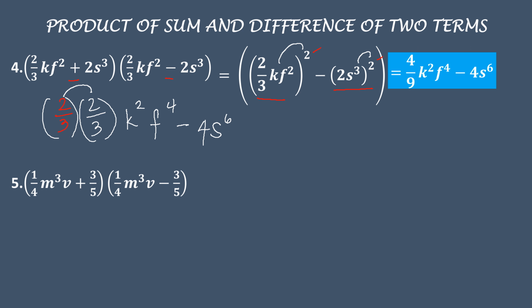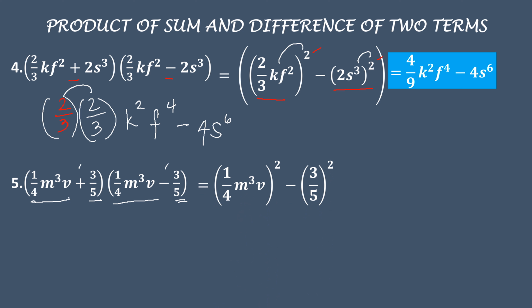Then let us proceed to number 5. Okay, so let us check before squaring the first and squaring the last. So far they are exactly the same, and our last term, we have 3/5 and 3/5, with a plus and a minus. Thus, we will have the square of our first term minus the square of our last term. This means 1/4 squared, that means 1/4 times 1/4.